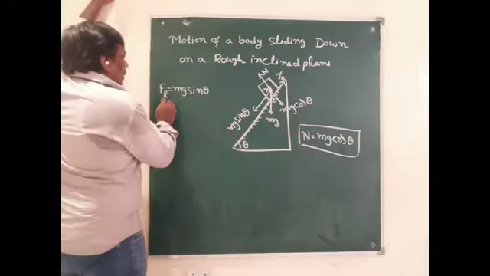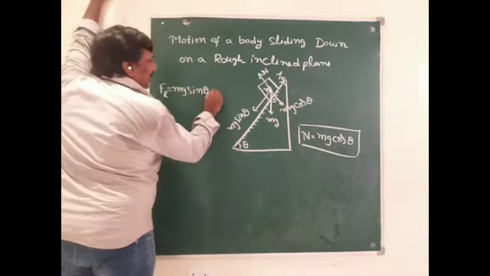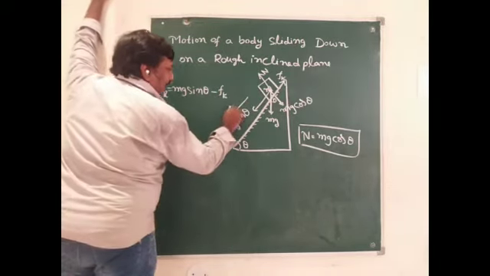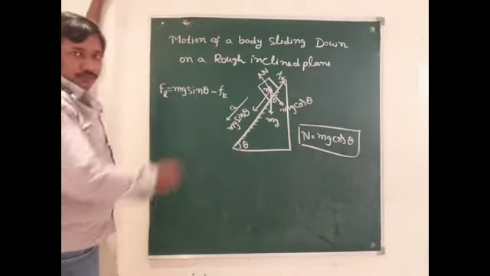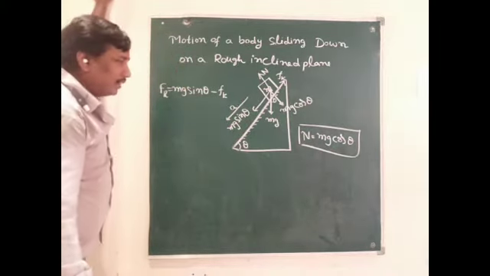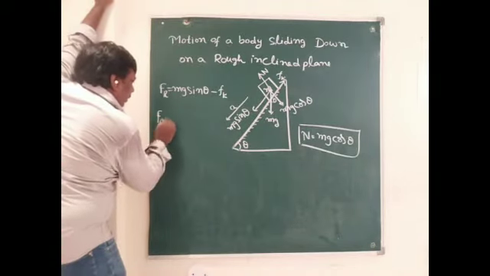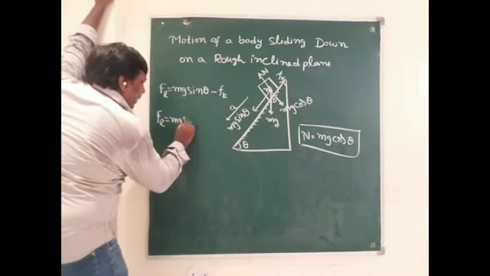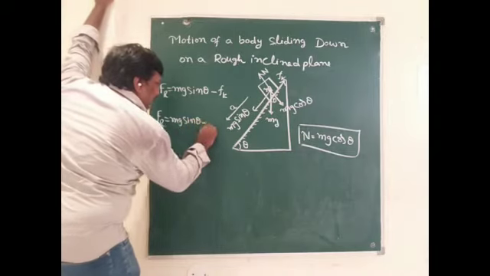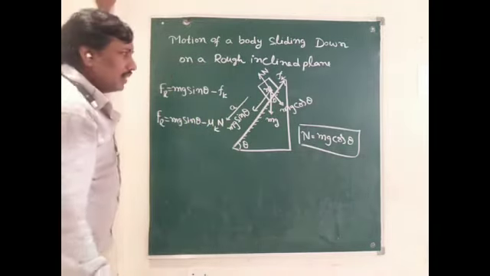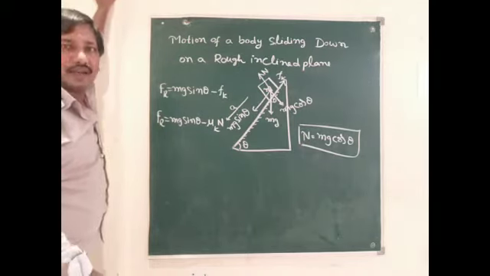So therefore Fr equal to mg sin theta minus Fk, because the acceleration's direction is down the inclined plane. So Fr equal to mg sin theta minus mu k into N. Here N is balanced with mg cos theta.